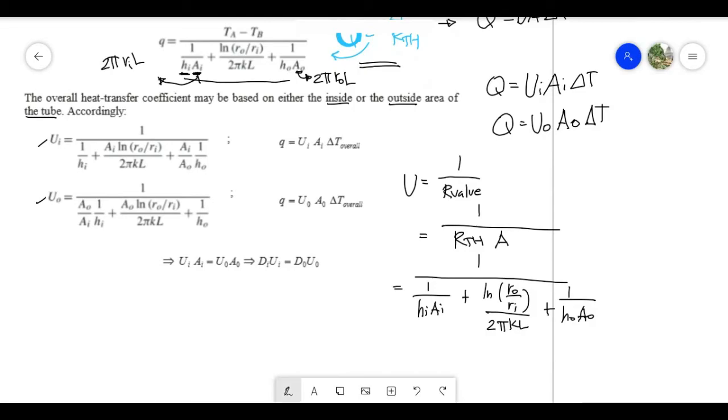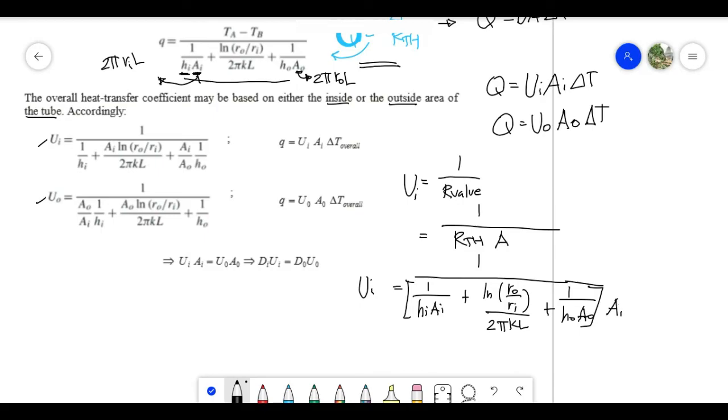So ngayon, ituloy natin. Multiply pa natin siya ng area. Dito na magbe-base kung yung gusto mong U is based on inside or based on outside. Unahin natin yung based on inside. So UI ang hinahanap natin, therefore kailangan natin i-multiply ng inside area din.